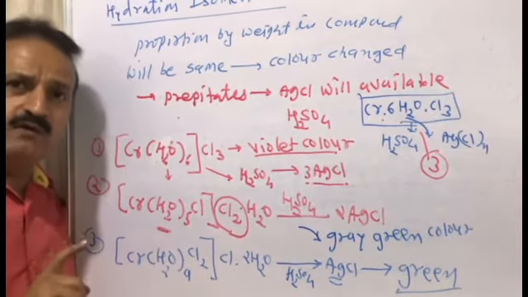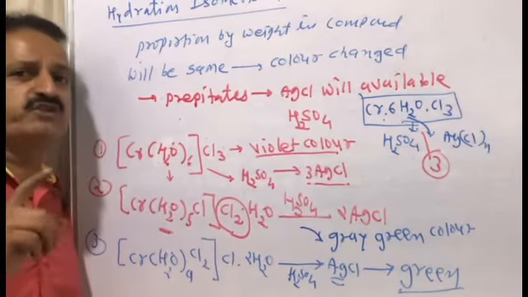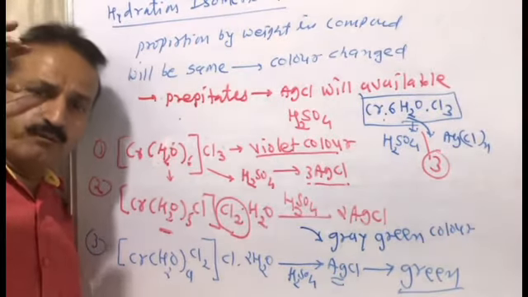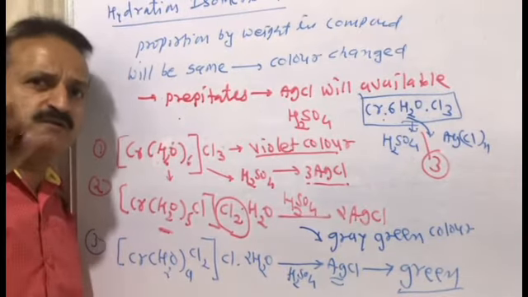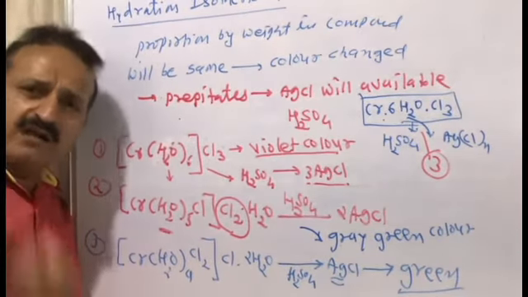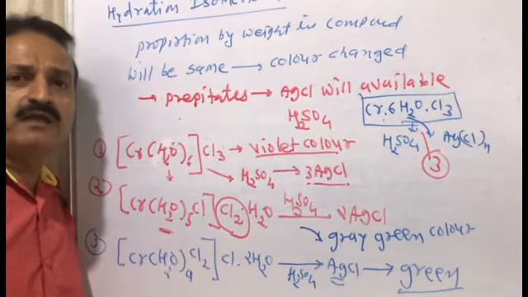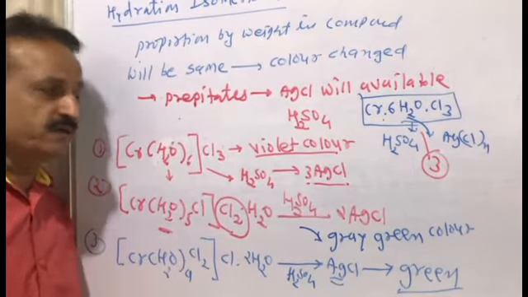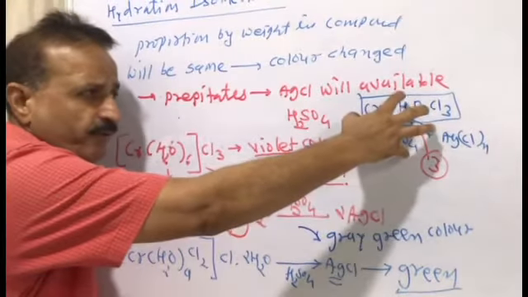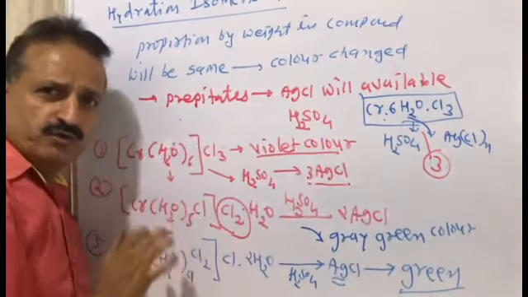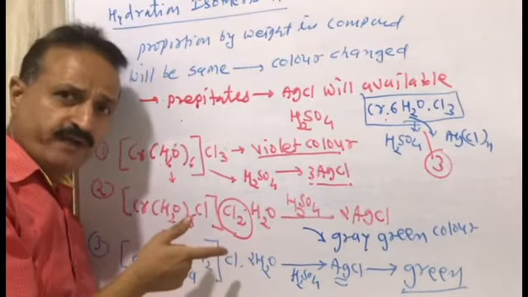Precipitates of silver chloride will be available, but the color changed. It proves that the proportion by weight of the complex compound is the same. Why color changed? Color change proves that they are isomers of one another. This compound has 3 isomers, 1, 2, 3, 3 different colors obtained.